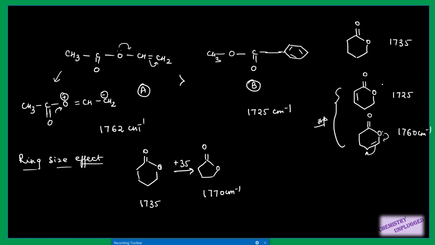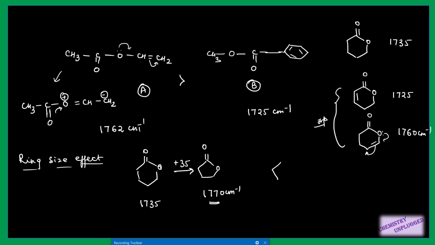Same rules will be applied for smaller sized rings. Suppose I am taking here a 5 membered ring. First you have to remember the value for the 6 membered lactone, it is 1735. Then when we decrease the size of this 6 membered ring by one member, it will become close to 1770.